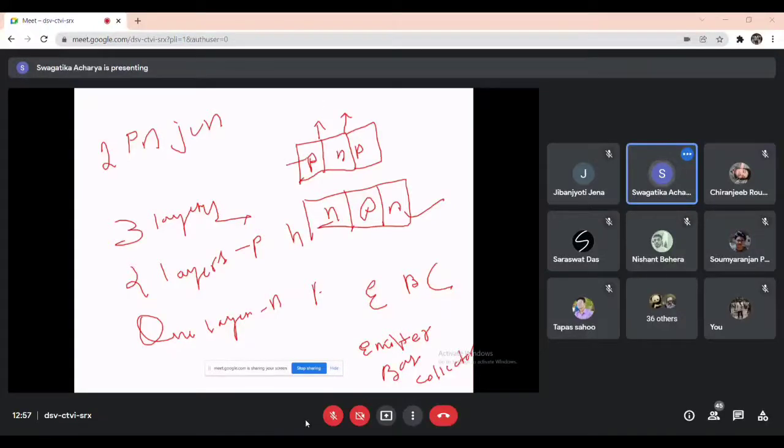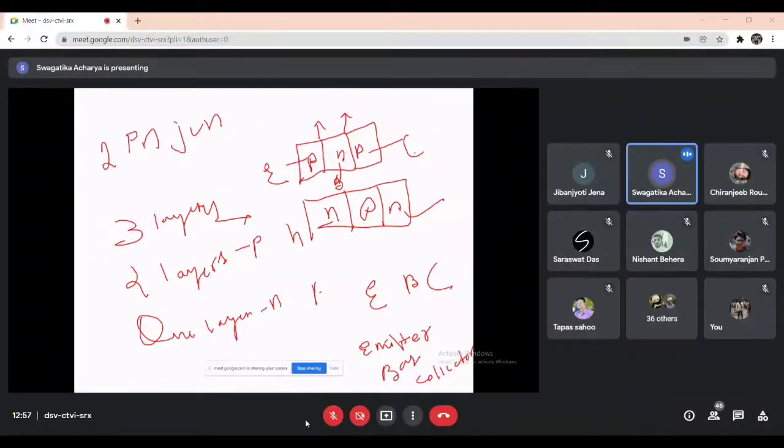One is emitter, one is base, one is collector. So there are 3 terminals taken from each type of semiconductor layer: emitter, base, and collector.